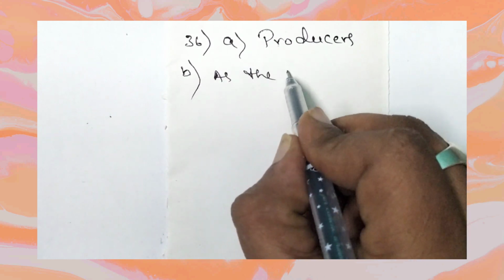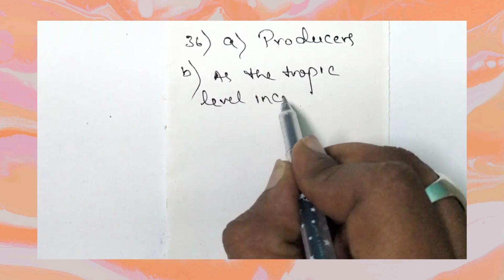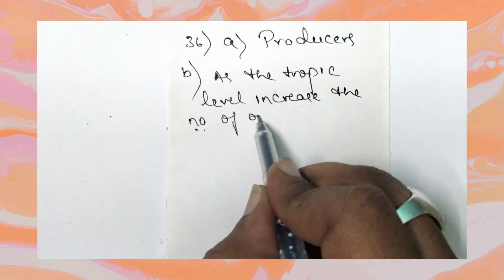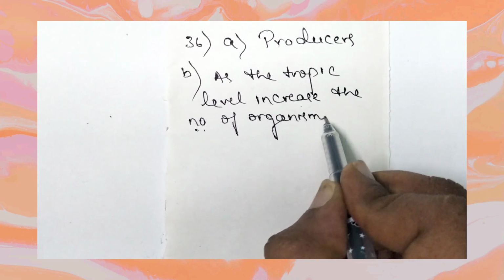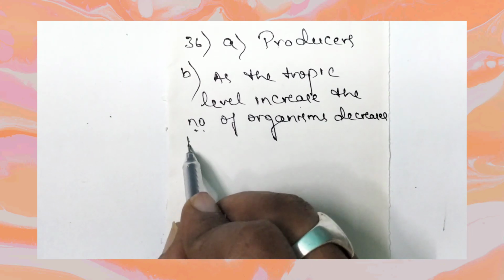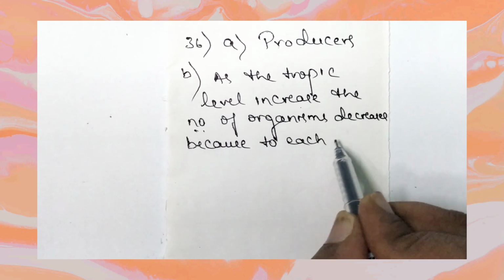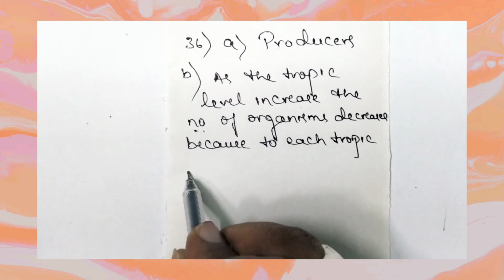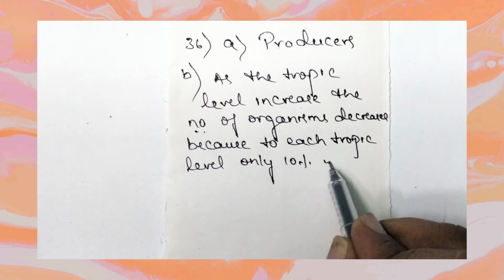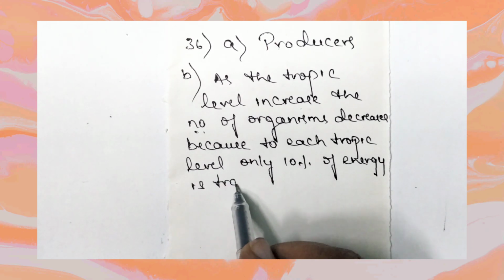As the trophic level increases, the number of organisms decreases because to each trophic level only 10% of energy is transferred.